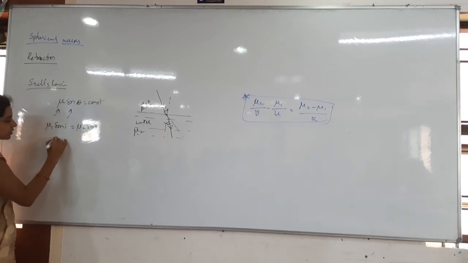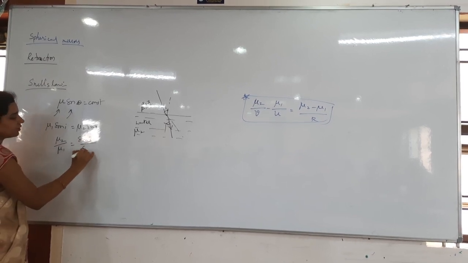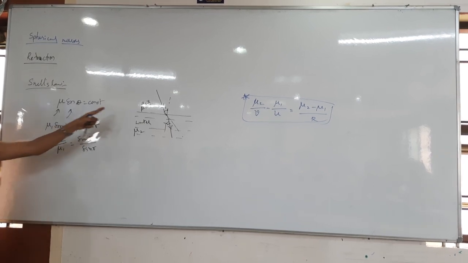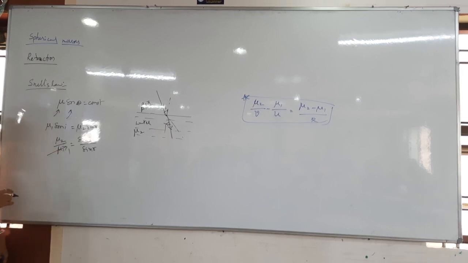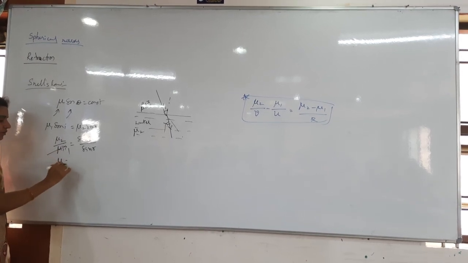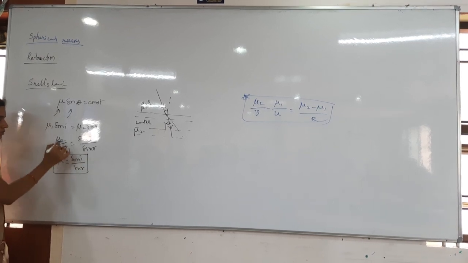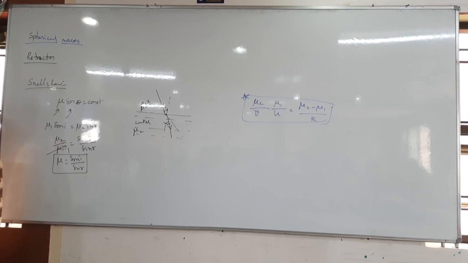Here, mu2 by mu1 is equal to sin i by sin r. If I take mu1 as air, the refractive index of air is 1, so mu is simply sin i by sin r. And this ratio mu2 by mu1 is known as the relative refractive index. We will discuss that.